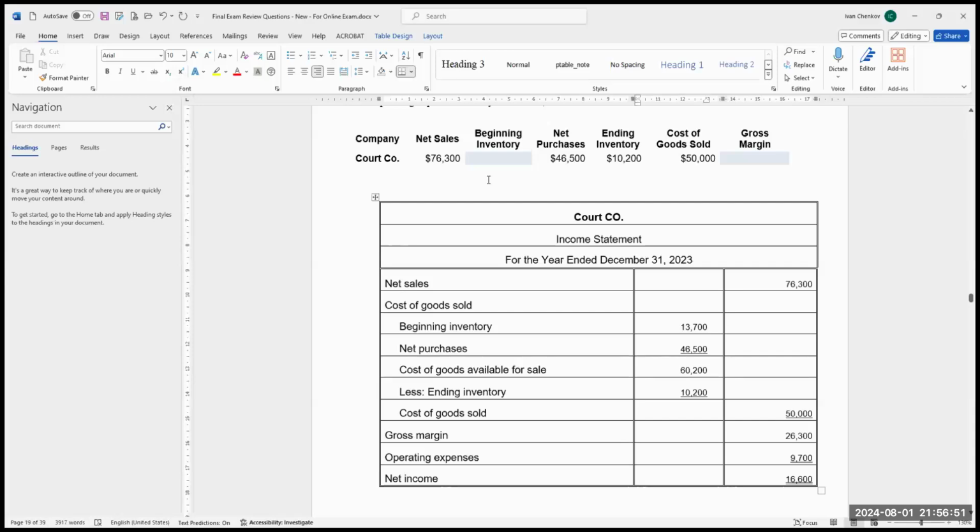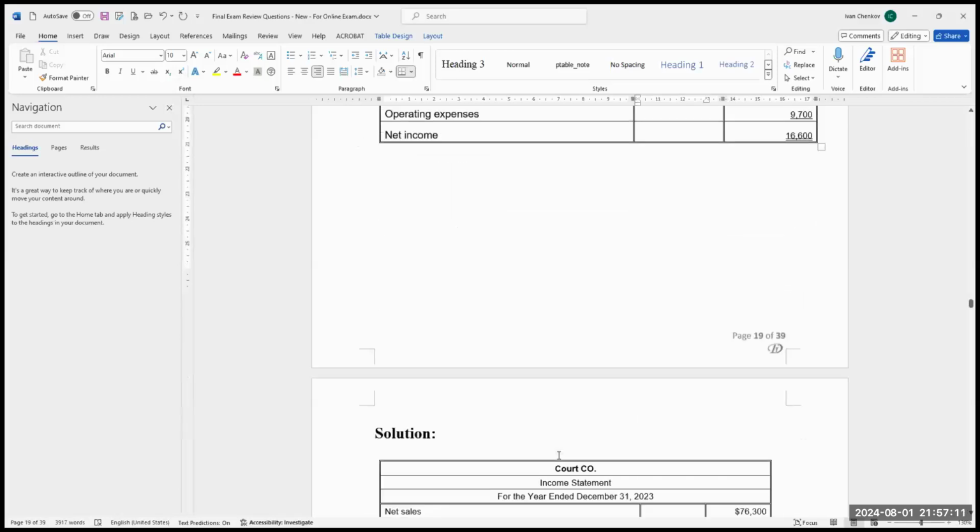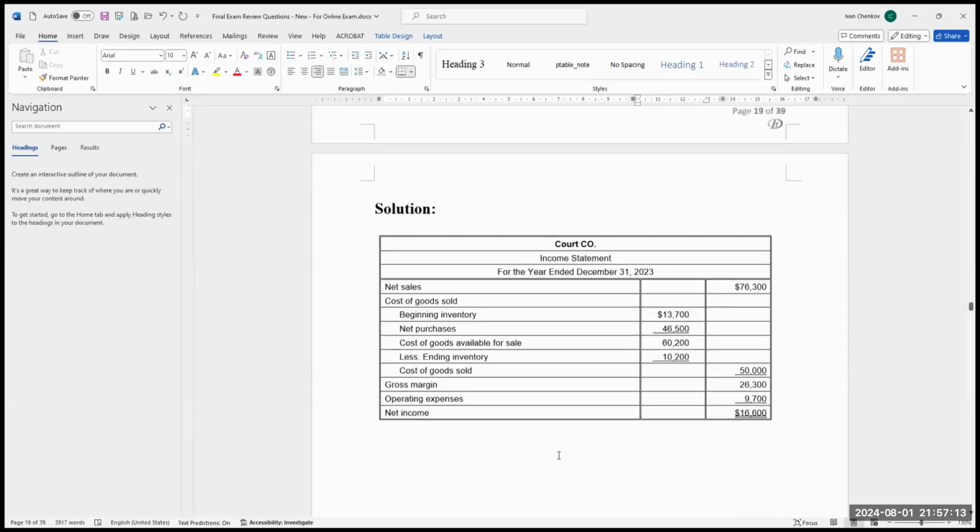So what you have to do is get the numbers here using this logic and fill in the income statement. That's what you have to do. This question shouldn't take you more than 5-10 minutes maximum. The solution is given to you at the end.